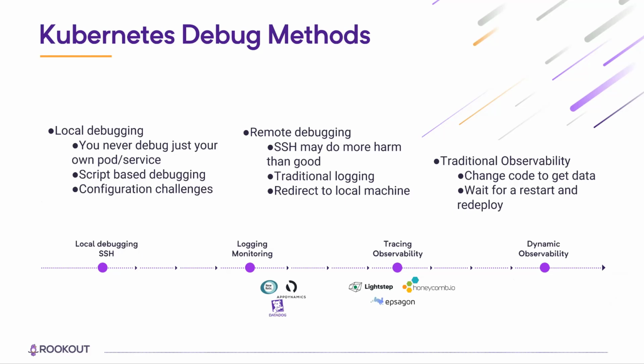And doing that on your laptop or even on a quote unquote private virtual machine is usually not something that you can do. Some customers fall back to script-based debugging or test-based debugging, which has its own limitation. And still, they depend on configuration challenges.